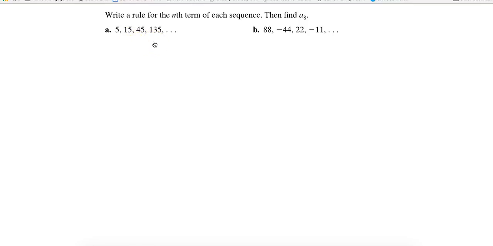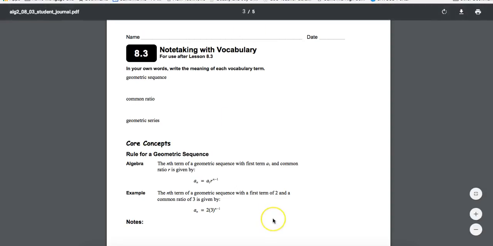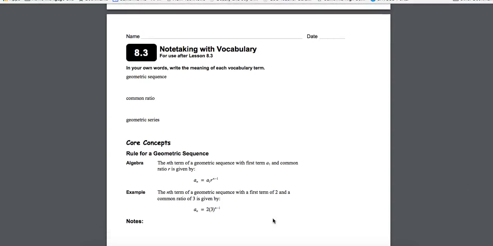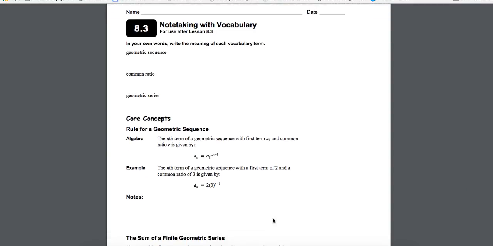Now, before we get started on these, I want to show you one of our core concepts. With arithmetic, we had our nth term formula, which was a1 plus n minus 1 times d. Now, our geometric formula is different. So here's our nth term formula for a geometric series.